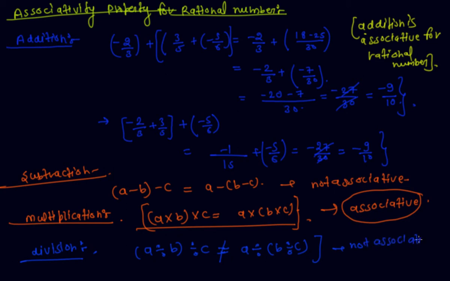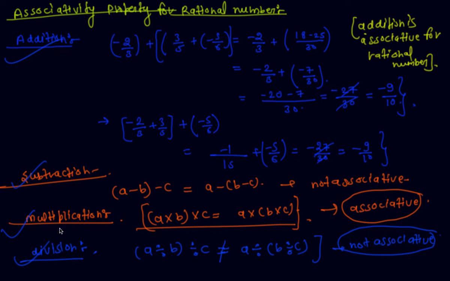So this is not associative. So we can say in general form, for rational numbers, addition and multiplication are associative, but subtraction and division are not associative.